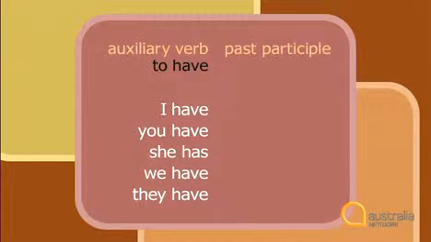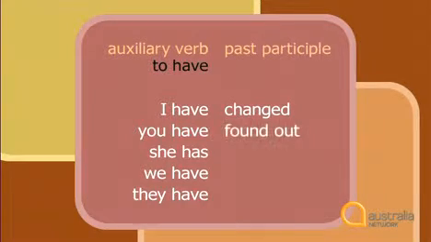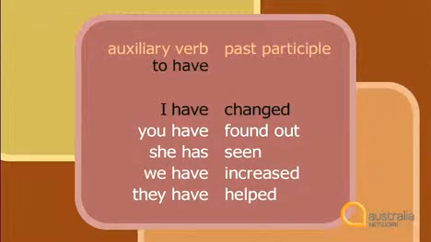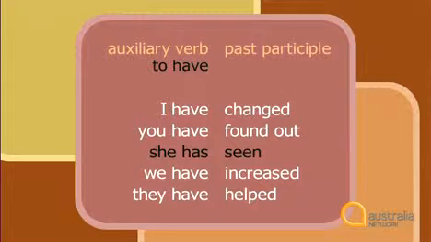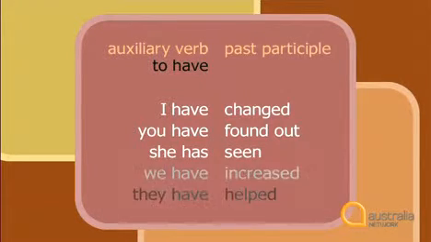And then a past participle. For example, changed, found out, seen, increased, or helped. So we have, I have changed. You have found out. She has seen. We have increased. They have helped.